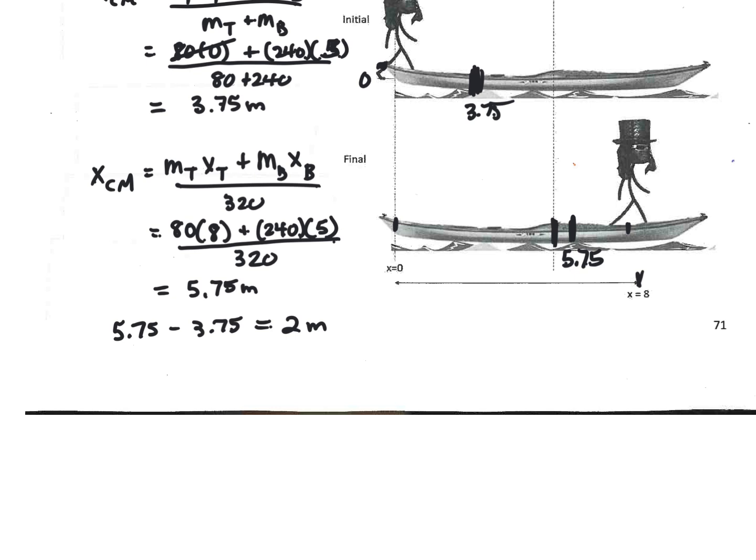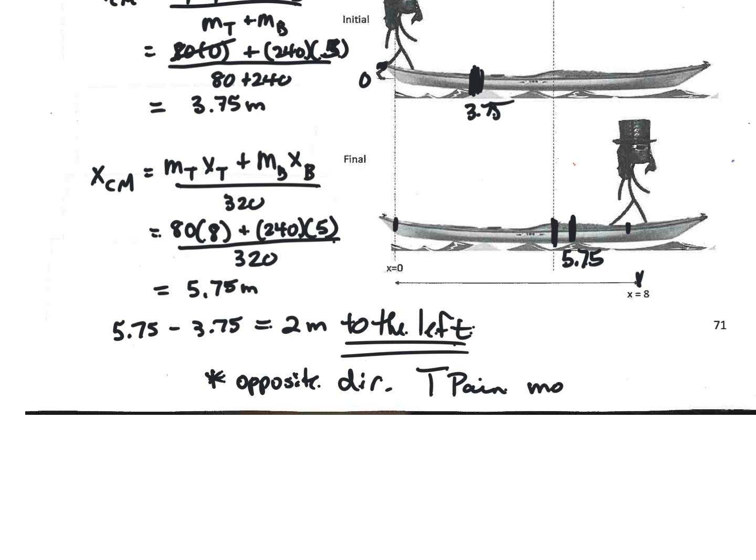If he's going this way to the right, then the boat must have moved to the left. In other words, opposite. The center of mass of the boat moved opposite the direction he was moving. Okay?